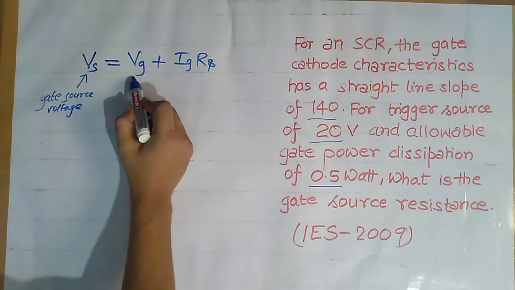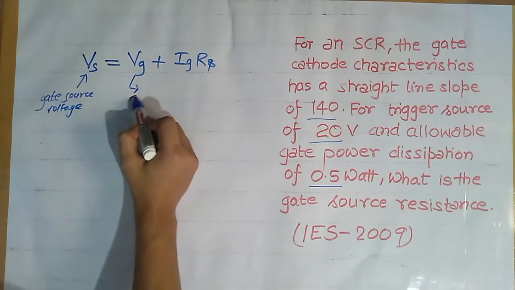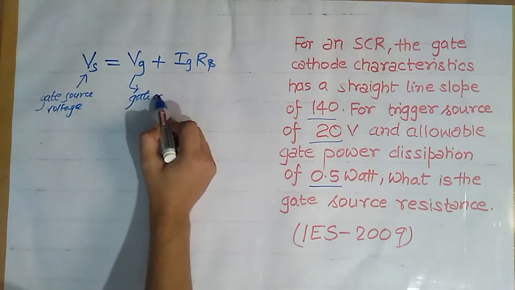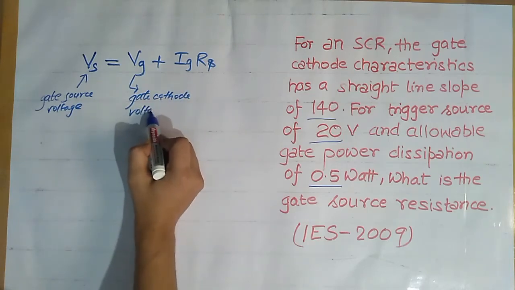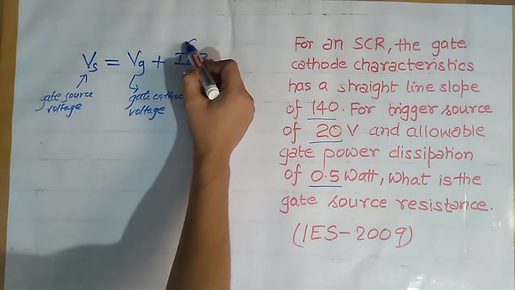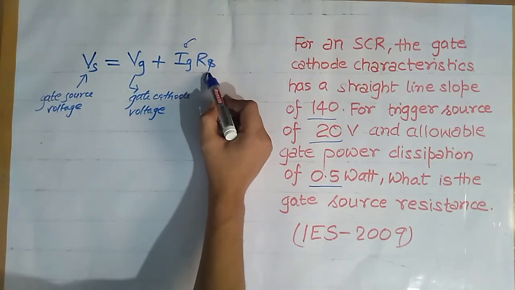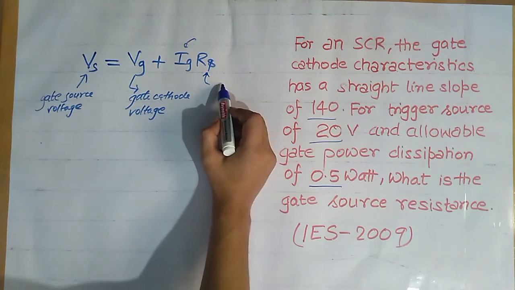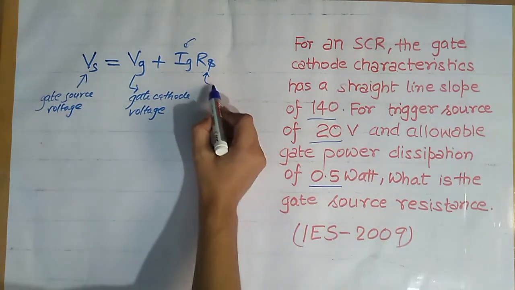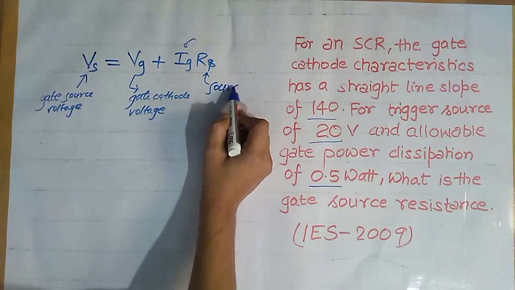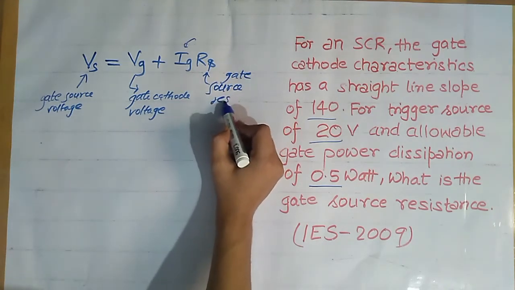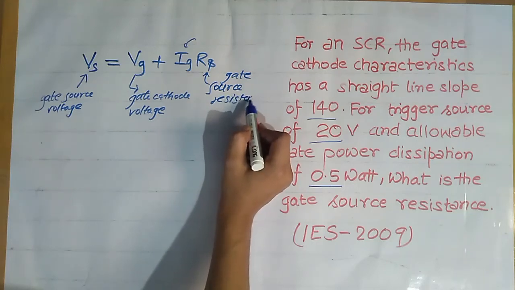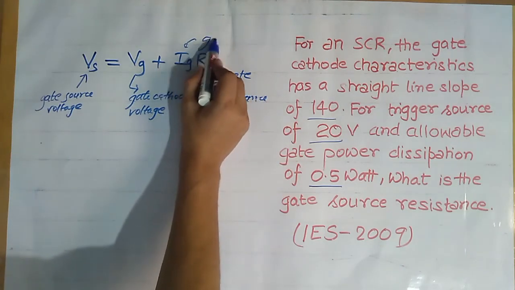Vg is the gate cathode voltage, Ig is the gate current, and Rs is the source resistance, the gate source resistance.